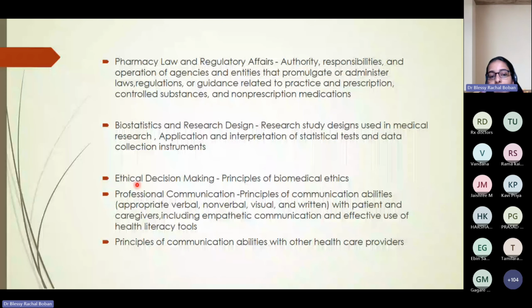You should even apply this for your case study analysis questions. Some biomedical ethics you have to follow. If any patient is refusing surgery, you cannot force the patient. In the options they may give you, force the patient to have surgery. You cannot force the patient.